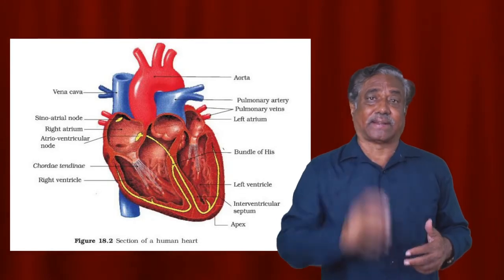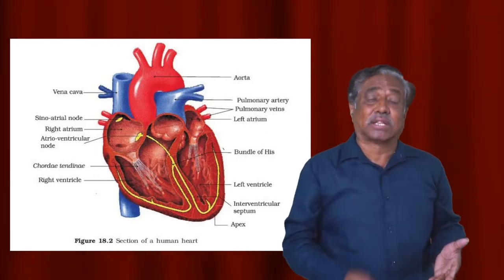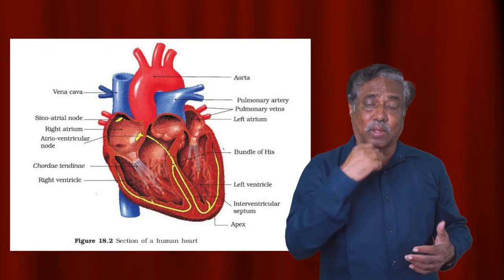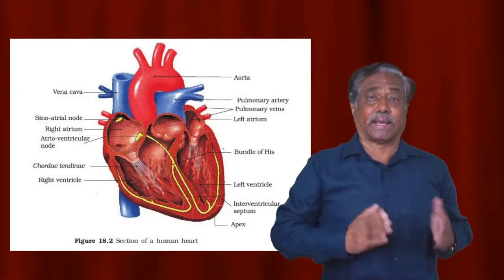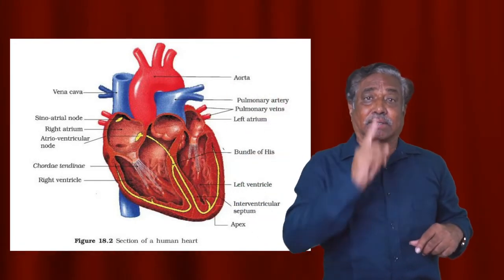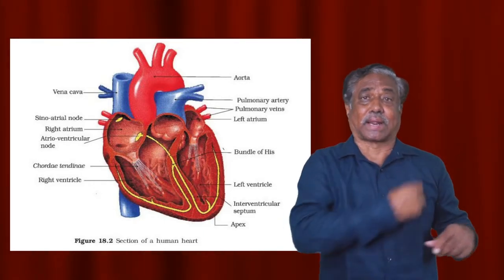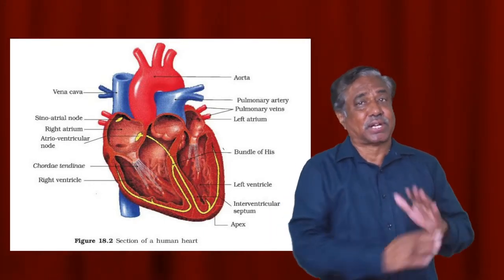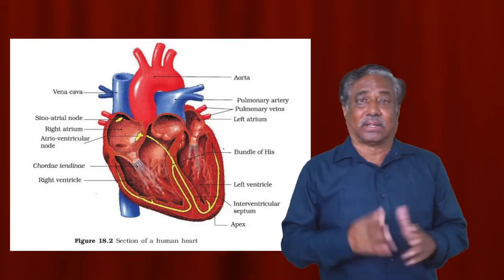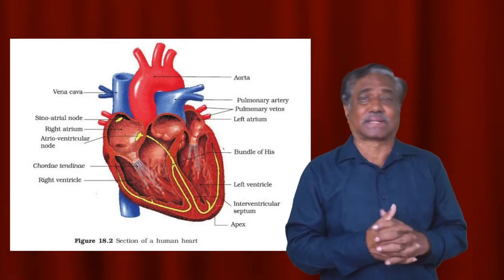As the auricles are the receiving chambers and ventricles are the distributing chambers, hence the pulmonary artery arises from the right ventricle and then it goes to the lungs, and the aorta arises from the left ventricle and overarches above the heart, the left aortic arch, and then the arteries of this aorta supply blood to almost all parts of the body.